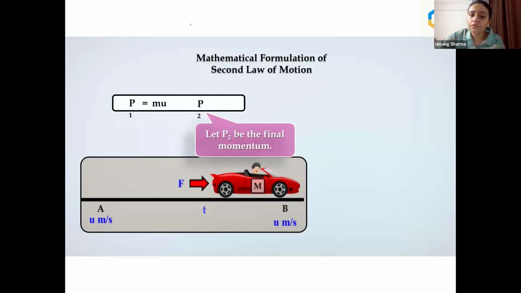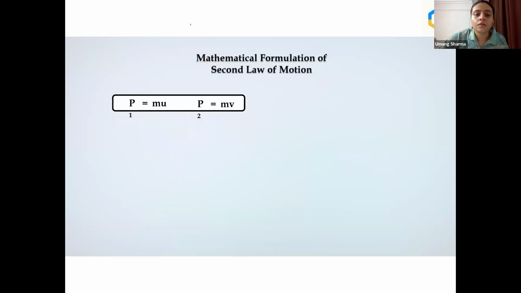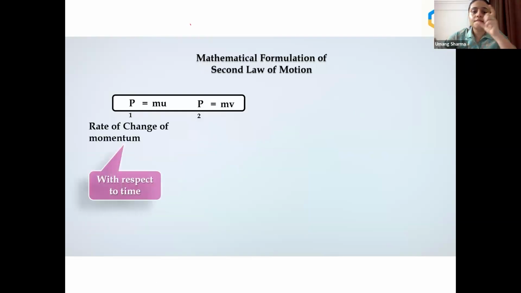Let us have a look at it again. There is a car of mass m, u stands for initial velocity, and P2 is the final momentum. So P1 is mu and P2 is mv.